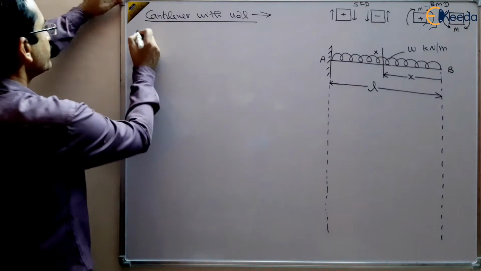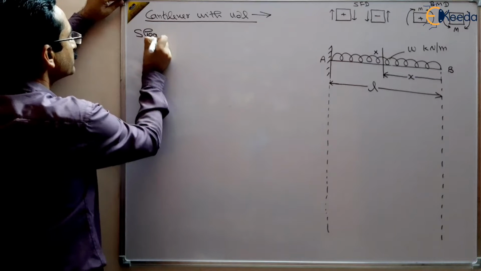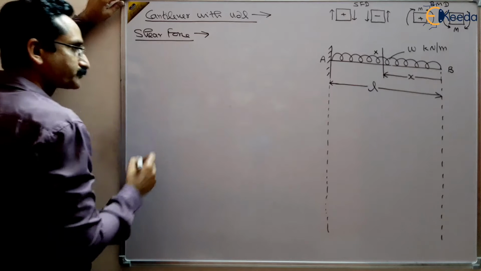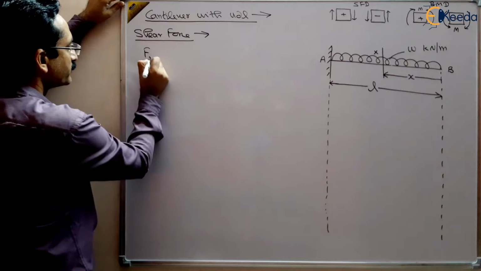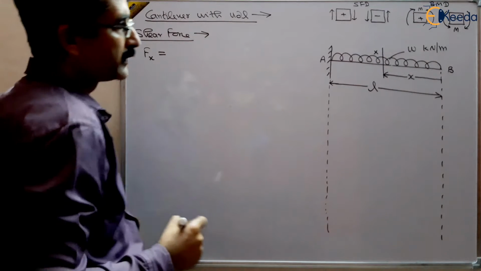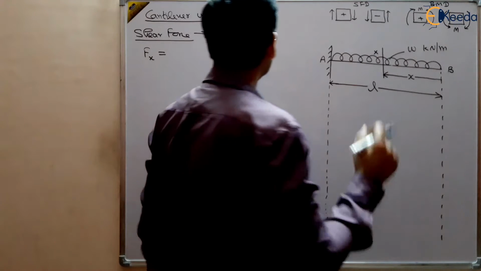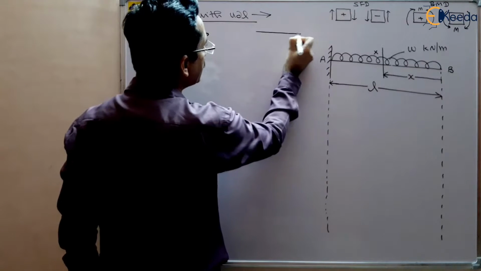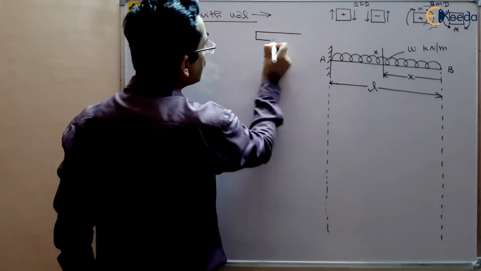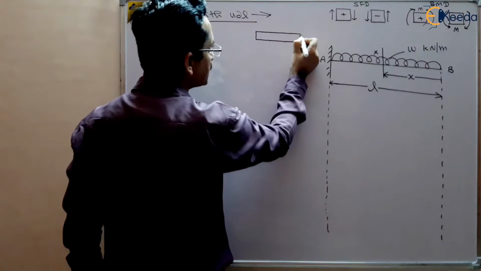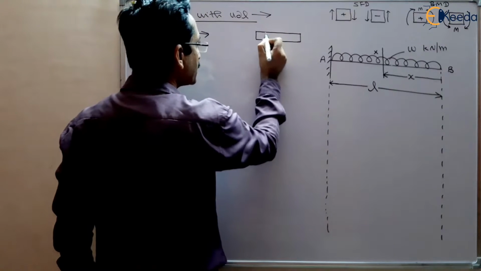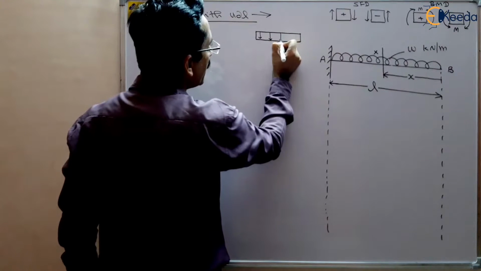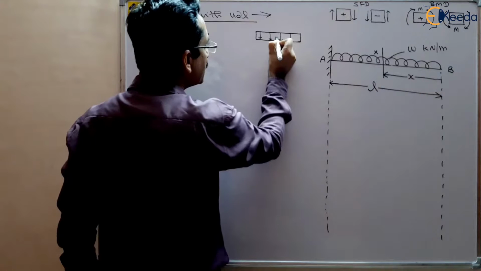So first of all, let us find the shear force. Shear force at X, Fx. Now, we have already told you that for a UDL, it is like there is a brick of rectangular cross section placed at some place, uniformly distributed like this, and its load will be acting at the center.